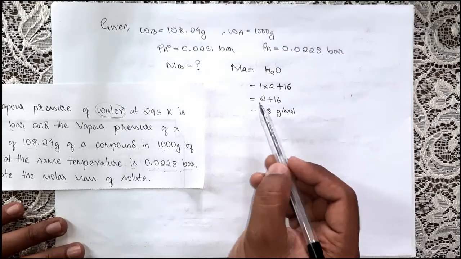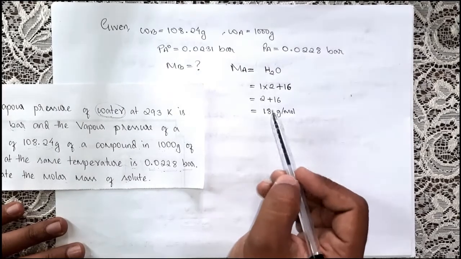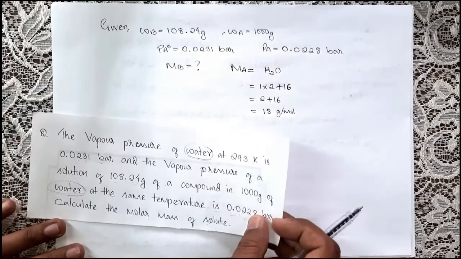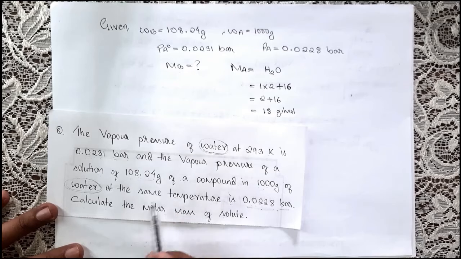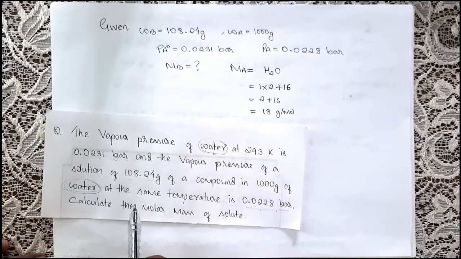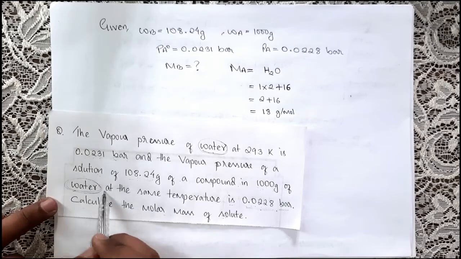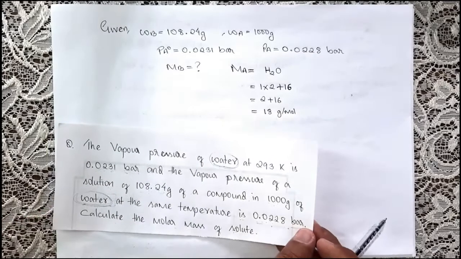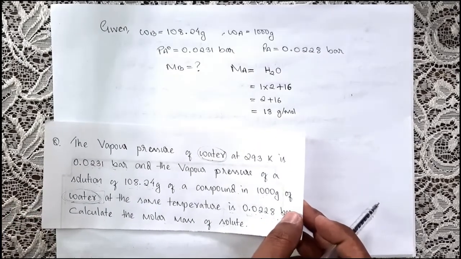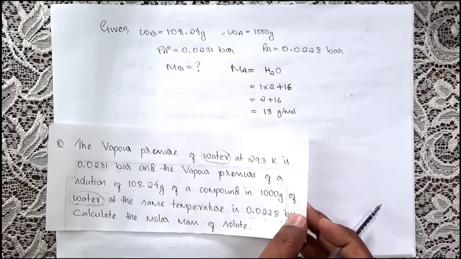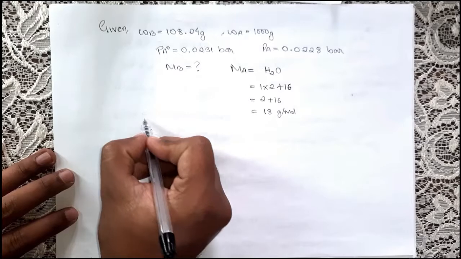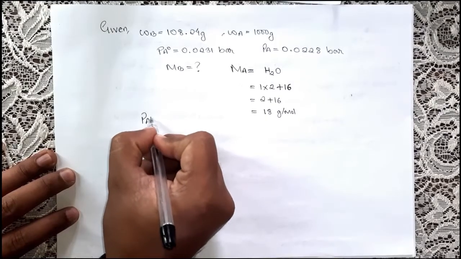So the molecular mass of water is 18. So MA is 18. MA is not given in the equation. You need to calculate it by yourself. You need to see which one is the solvent. Since solvent is water out here, you can calculate the molecular mass of water. If you don't want to calculate, just remember molecular mass of water is always 18.